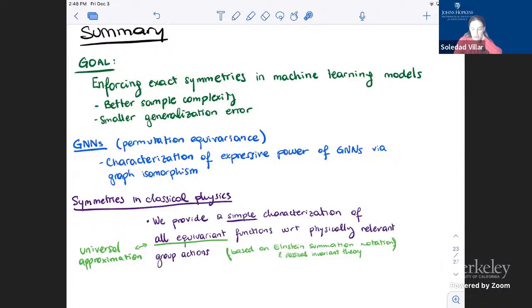And in the second part of my talk, I described the symmetries from classical physics, and we have a very simple characterization of all functions that are equivariant with respect to these physically relevant group actions, and there's ongoing work to have it for more general groups.